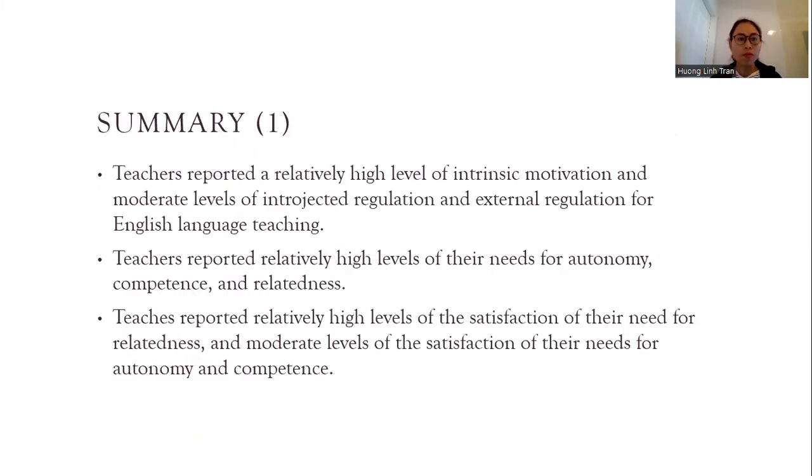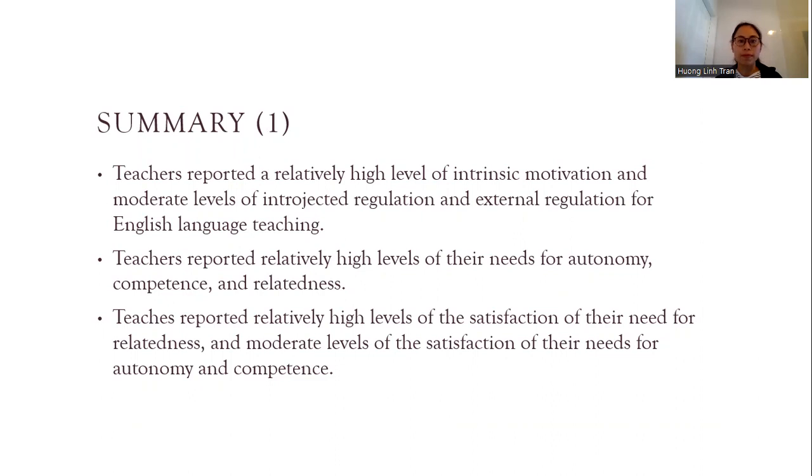So this is the summary of the findings in the current study. Teachers in the current study reported a relatively high level of intrinsic motivation and a moderate level of introjected regulation and external regulation for English language teaching.